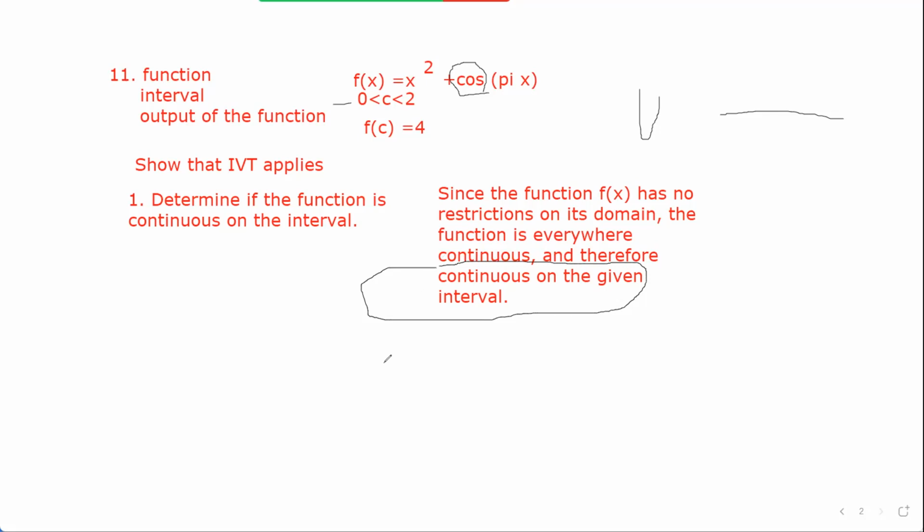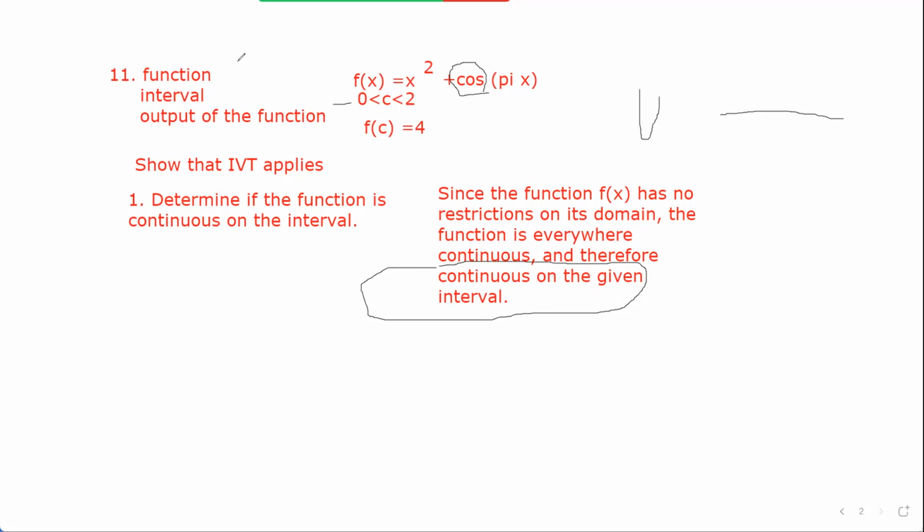That's why I added that statement in. You don't need it, but I want to make sure you understand it. So continuity, we've established that. Got it. Now, what is the second part?